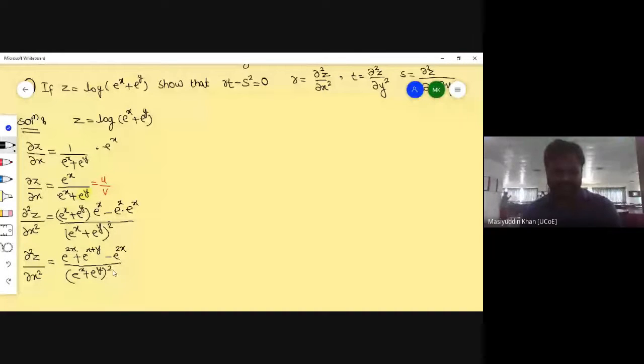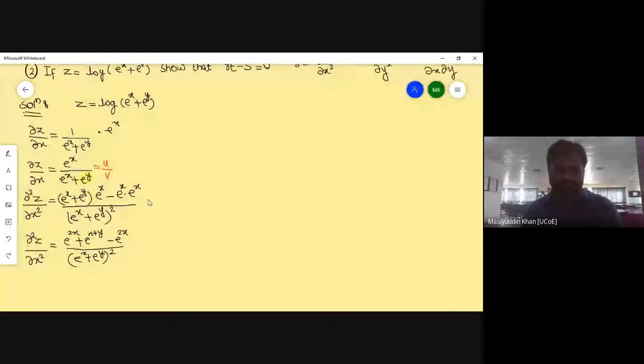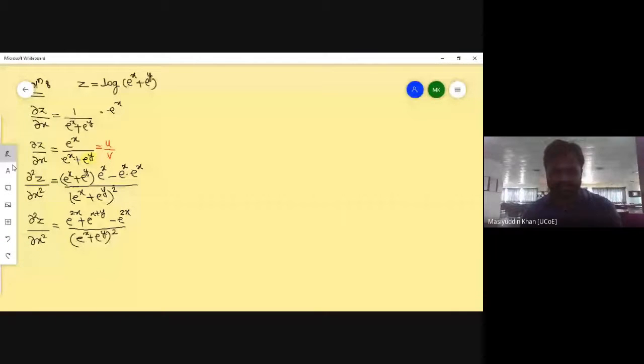So these two parts will get cancelled, and at the end if you see, ∂²z/∂x² is equal to e raised to x plus y upon e raised to x plus e raised to y raised to power 2.